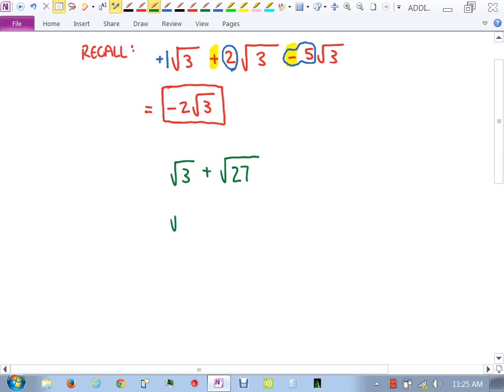But the square root of 27 can break down to be 3 square root of 3. Why? 27 is 9 times 3. And so I can break down the square root of 27 to be square root of 9 and square root of 3. And then now can I add them together? Yes, and this would become what? 4 root 3.